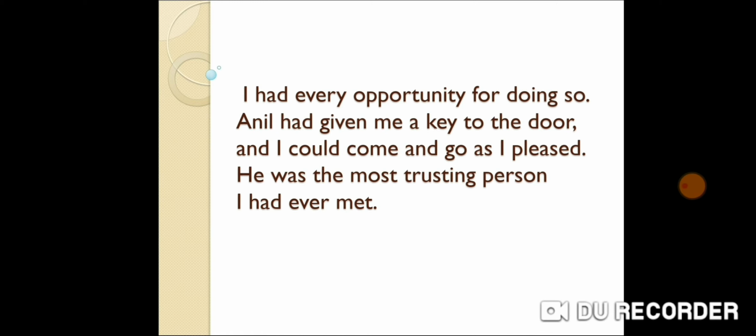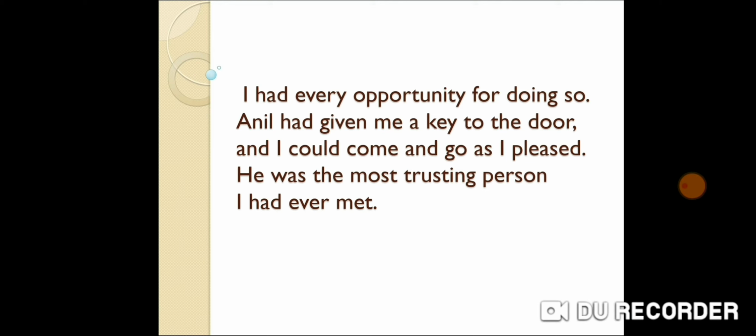Now, see, here the thief is telling us that he had already taken Anil into confidence, and now Anil has good trust in the thief, and that's why Anil had already given one key of the room, and he was also very happy.